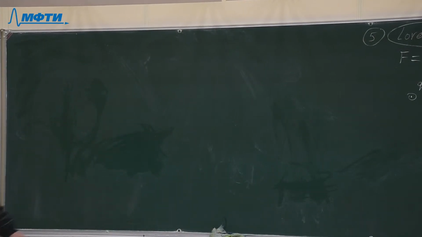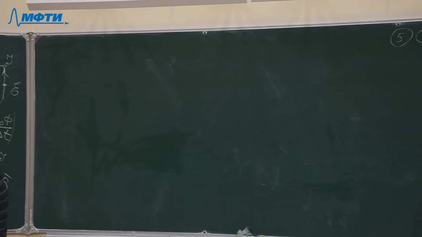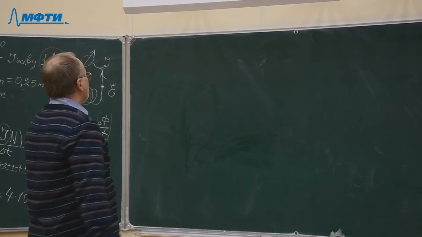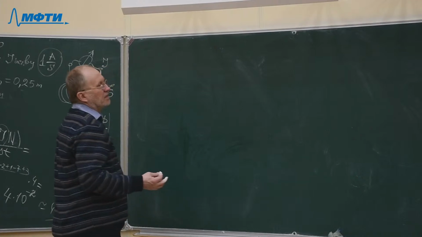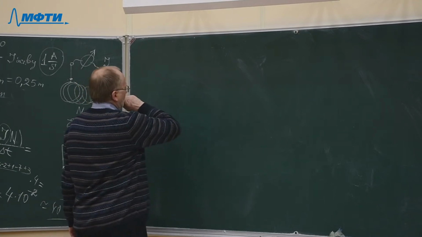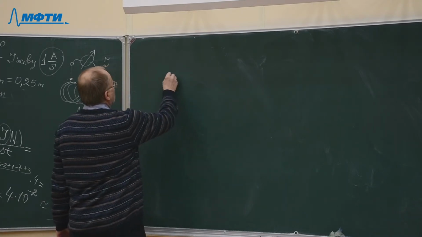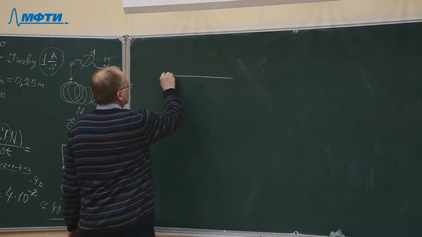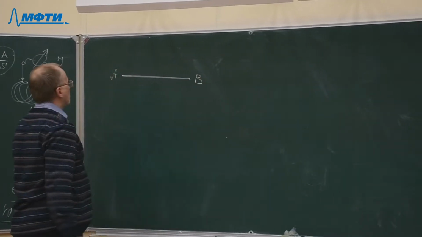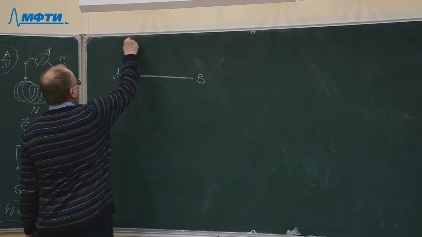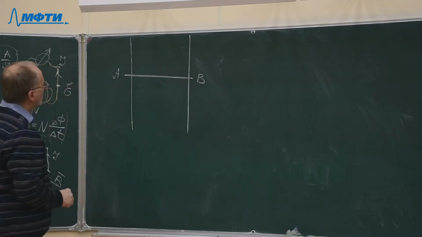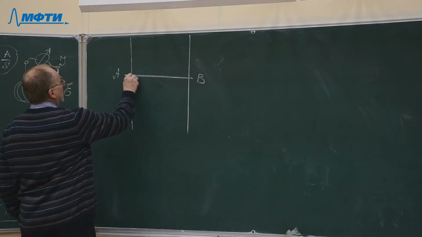So in electromagnetic induction, we have a changing magnetic flux. In order to change magnetic flux, let us suppose that we have a straight rod AB that can slide along two straight wires, remaining always in touch with these wires.